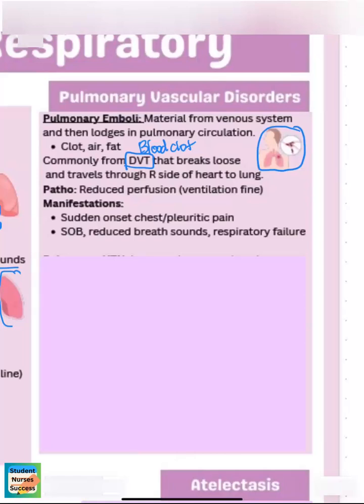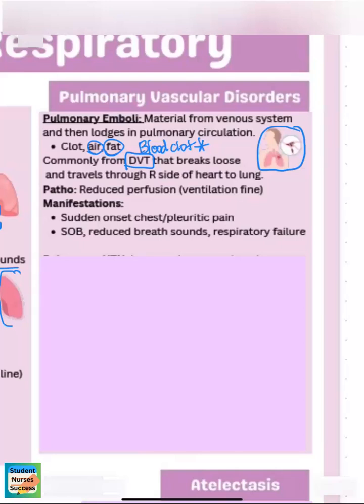It can also be air, and it can also be a fat embolus, but most commonly it would be a blood clot. So what happens is as this clot breaks loose, it gains access to the peripheral circulation, and as that returns to the heart, it moves through the right atrium, through the right ventricle, into the pulmonary artery, and will lodge in the first smallest vessel that it gets stuck in, and that is usually in the lungs.